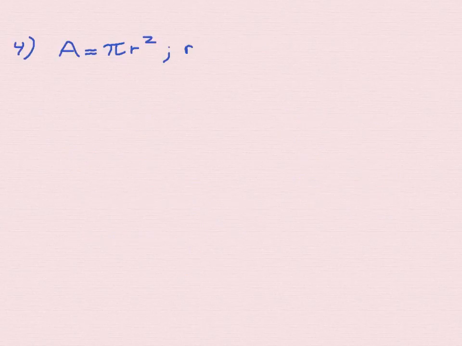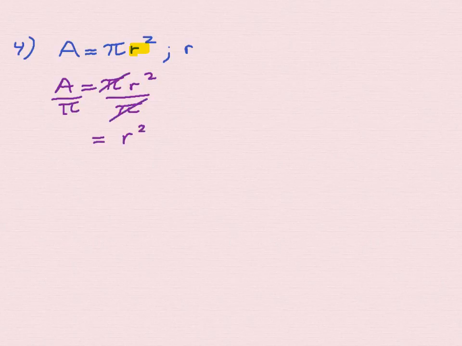Next formula, area is equal to pi times the radius squared, is very familiar because it's the formula for the area of the circle. If you want to solve for r, there's two things we have to deal with. The fact that the r is multiplied by pi, and the fact that r is squared. We don't want to know what the radius squared is, we want to know what the radius is. So the first thing you want to do is get rid of every term except the letter in question.